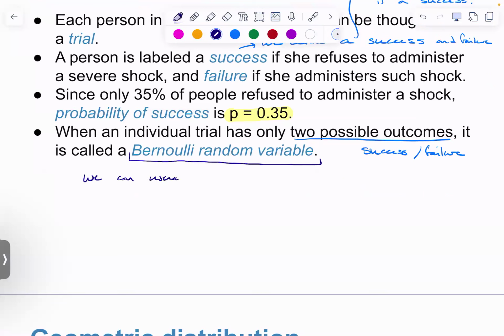We can usually create success, failure, right? If I'm rolling a six-sided die, and I'm interested in the probability of rolling a 6, I could say, okay, rolling a 6 is a success, not a 6, failure, right? And so you can do that. You can kind of lump into a success failure a lot of the time, right?